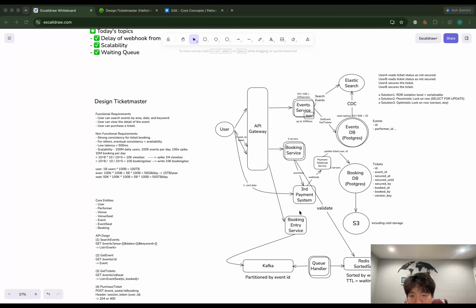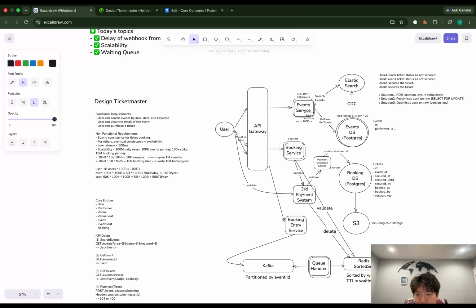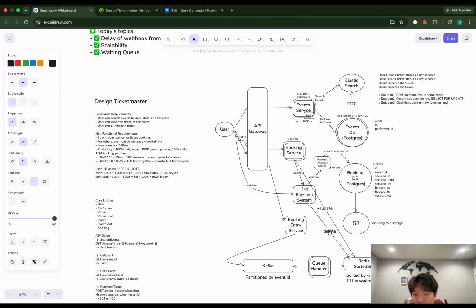Okay, I just remembered something I have to do. So this third-party system should make sure that if the user makes the booking, we should delete that user from this Redis SortedSet.